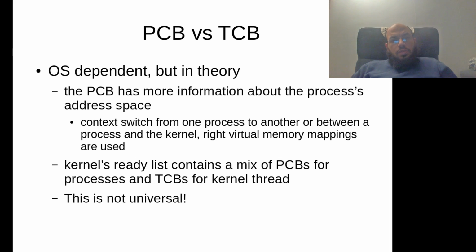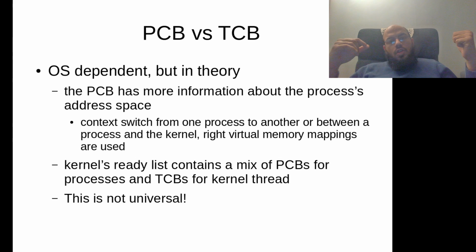In theory, the PCB should have more information about the process as a whole. So the PCB is basically the mother or the father, the parent process, and it should have more memory about what the whole process looks like, rather than just the thread, which is sort of a child that runs and does some things that are kind of limited.